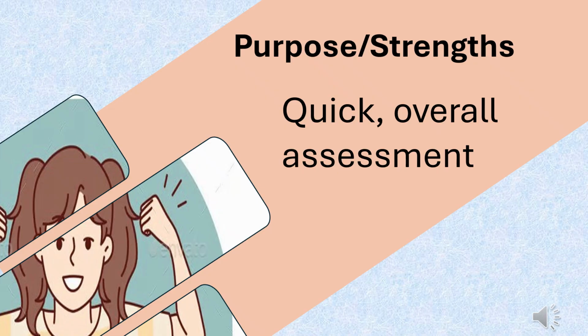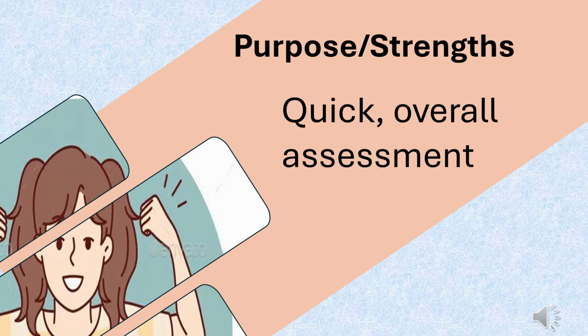So, the purpose or strength of holistic rubrics is a quick overall assessment. We are talking about how a teacher evaluates a student's work in a fast and general way. Instead of checking every detail separately, the teacher looks at the work as a whole, then gives one score. For example, in a speech presentation, the teacher doesn't score grammar, pronunciation, and confidence one by one.